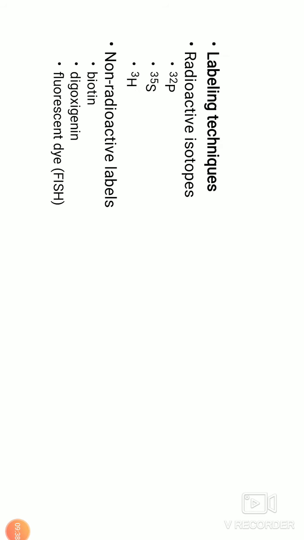So labeling of the probe can be done by two methods: in vivo labeling and in vitro labeling. In vivo labeling is by supplying labeled nucleotide to the cultured cells. In vitro labeling is where an enzyme is used to incorporate the labeled nucleotide in the probe.